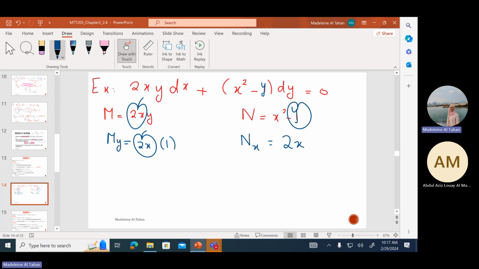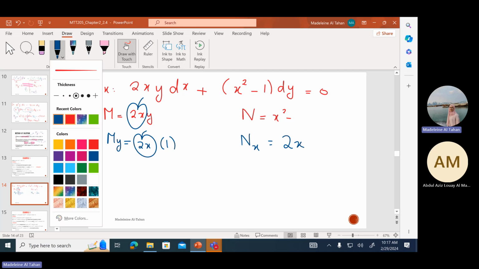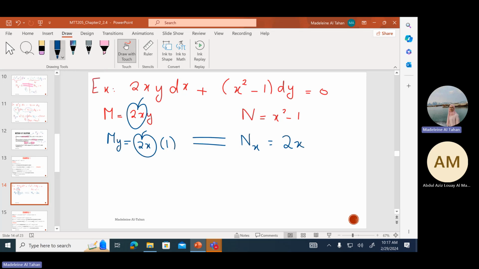Where's our apple? y becomes 0 because it's the apple. What do we do with x? x squared minus 1, the derivative of it with respect to x becomes what? So the difference. See? So these two, are they equal? So what can we say?